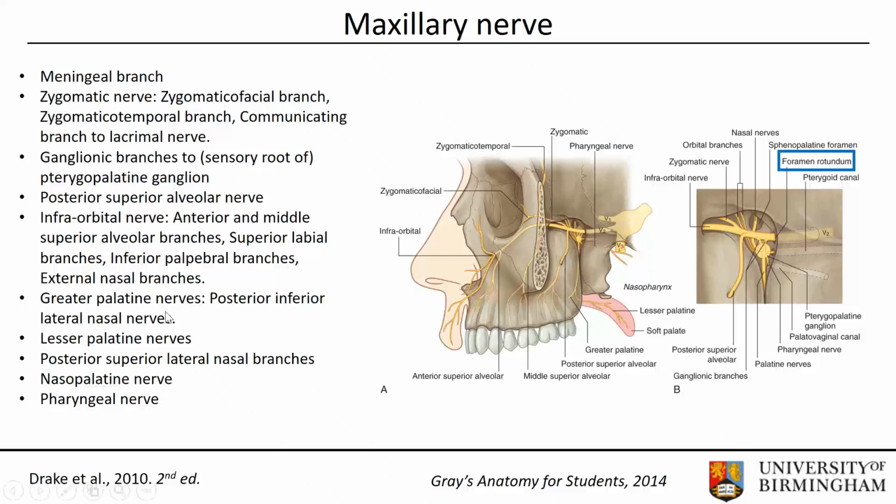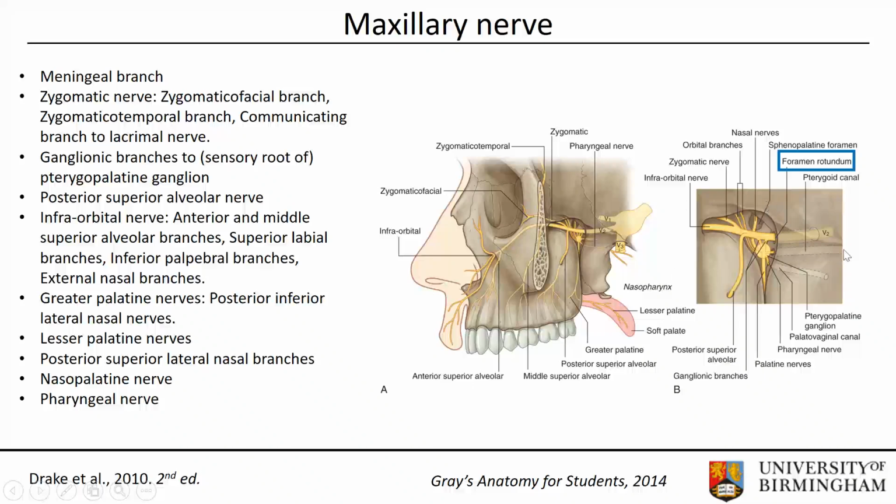The greater palatine nerves give the posterior, inferior, lateral nasal nerves. Then the lesser palatine nerves, the posterior, superior, lateral nasal branches, nasopalatine nerve, and the pharyngeal nerve.